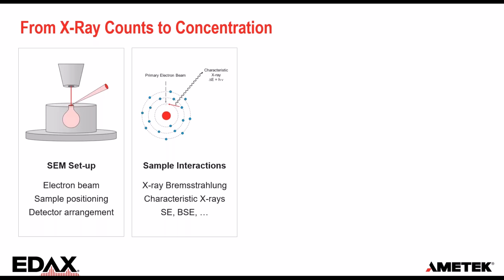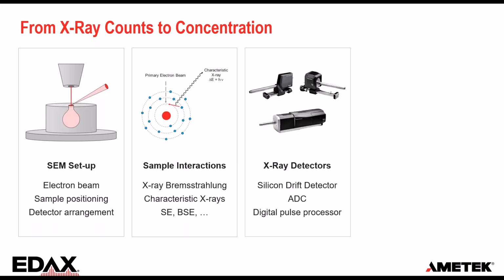These X-rays have an energy corresponding to the allowed electron transitions, which are therefore element-specific. For EDS, we are interested in exactly those X-ray signals and detect them with our silicon drift detector, convert them into a digital signal, and process them electronically in the pulse processor.